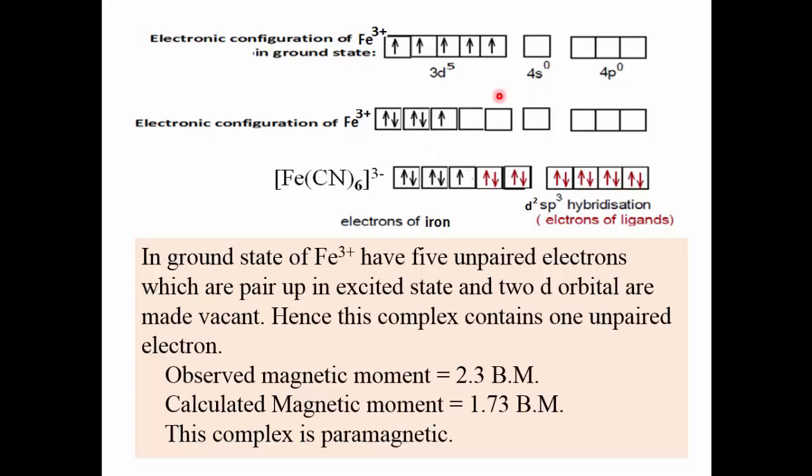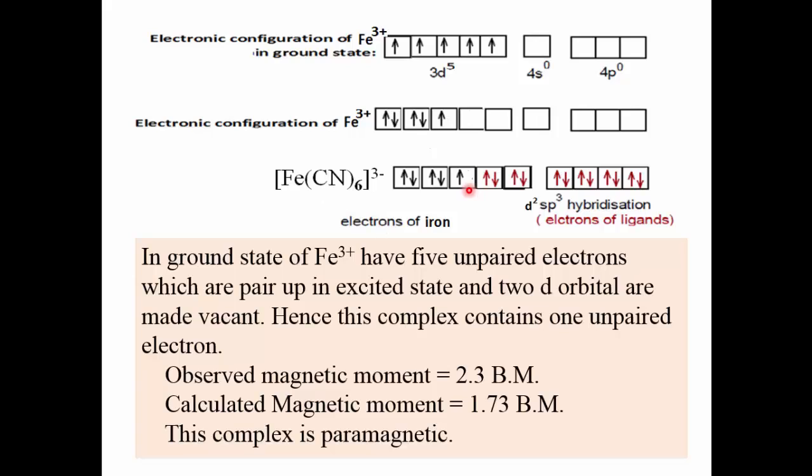The metal ion must undergo d2sp3 hybridization, and iron makes available the 2 d orbitals by pairing the electrons. Hence there is pairing of these 2 electrons, and one electron remains unpaired. 2 d, 1 s and 3 p orbitals combine together, forming 6 hybrid d2sp3 orbitals, in which the 6 cyanide ions donate 6 electron pairs, and this is the configuration for this complex.